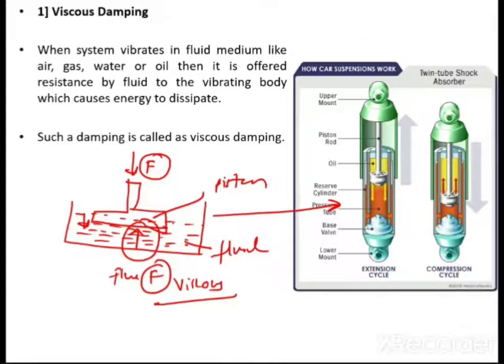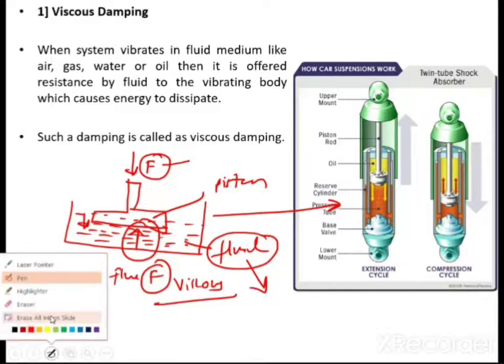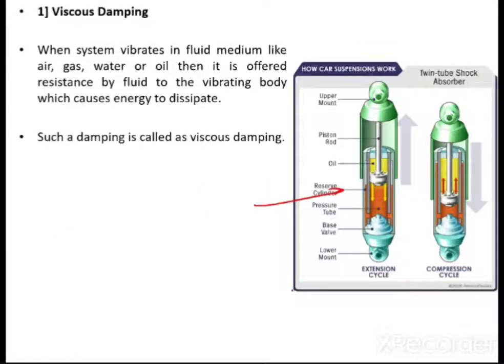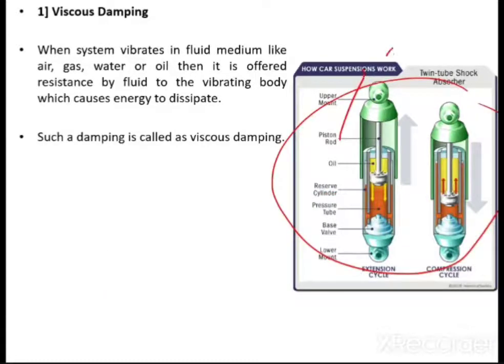So this resistance to the motion is provided by the fluid. Whatever energy is created because of the application of the force gets dissipated because of the resistance provided by the fluid. This is the principle of viscous damping, and the same principle we use in the automobile suspension system. I will not explain its working principle now because you will understand it in the last step, in the automobile engine subject. I have explained it here just as an example. You can see the construction here, or watch any YouTube video also.